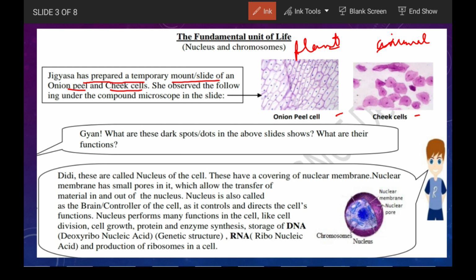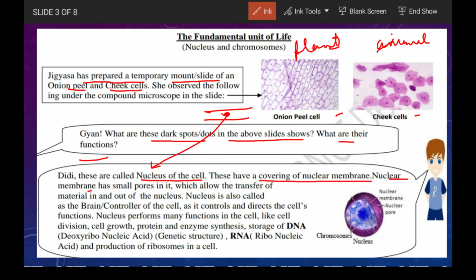So Gyan asks Jigyasa. Jigyasa says, Gyan, what are these dark spots in the center in the above slides? What are their functions? Gyan says, Didi, these are called the nucleus of the cells. They have a covering of nuclear membrane.